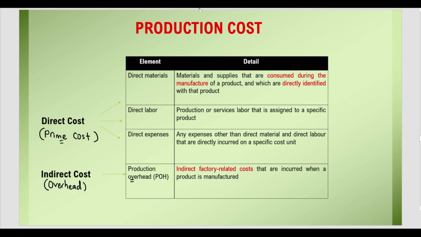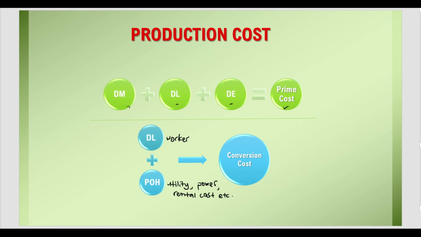And we add production overhead. Overhead here refers to indirect costs, where the nickname is overhead. So in summary, DM plus DL plus DE equals prime cost.